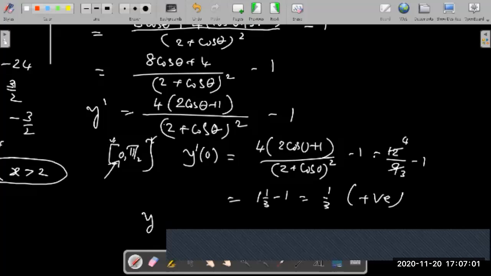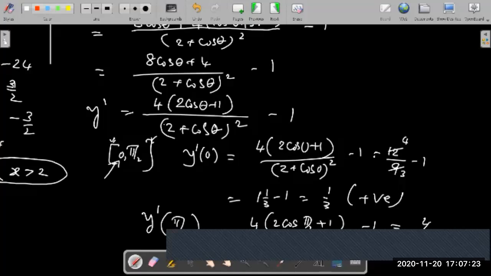Now let's look at the upper limit. y dash at pi by 2. So you get 4, 2 cos pi by 2 plus 1 divided by 2 plus cos pi by 2 whole squared minus 1. So cos pi by 2 is 0.